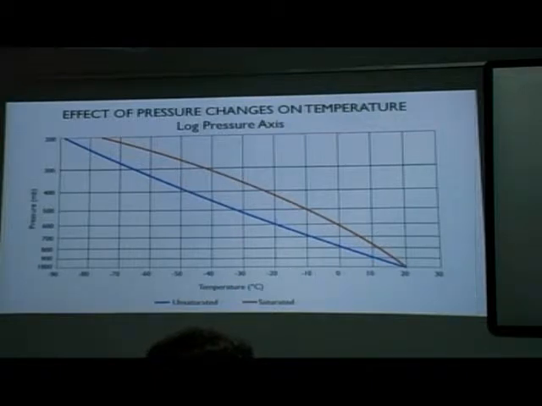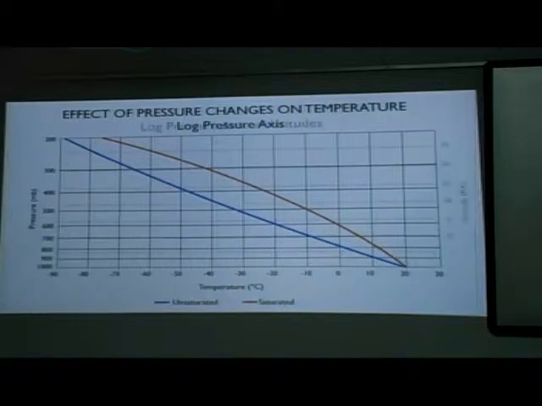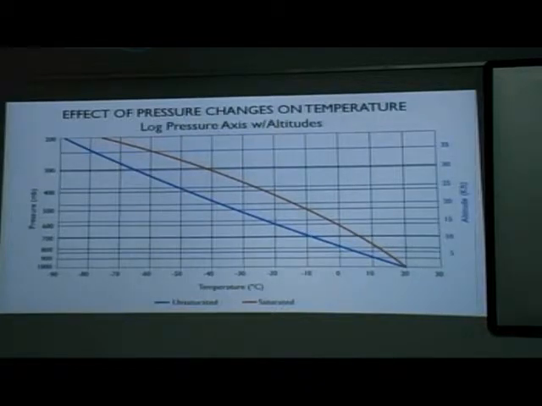The nice thing about doing that is the pressure in the atmosphere goes logarithmically with altitude. So instead of having to read off millibars, I have thousands of feet here that I can read off in a linear scale. By changing the pressure to a log pressure scale, I've got a linear altitude scale.